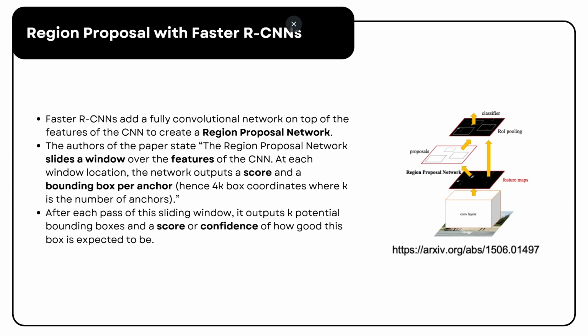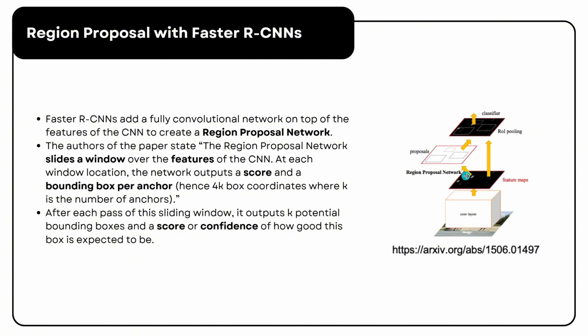So now let's talk about how faster RCNNs generate region proposals using deep learning. Faster RCNN introduces a component called the Region Proposal Network, or the RPN. This is a small, fully convolutional network that is added on top of the CNN feature extractor, or the CNN feature maps.